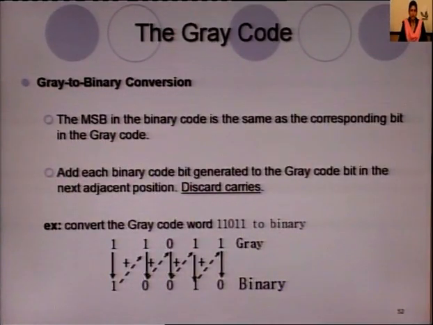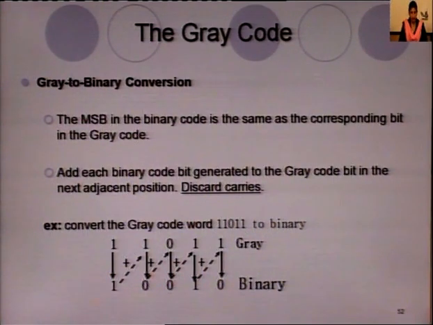Now we will study Gray to binary conversion. The MSB in the binary code is the same as the corresponding bit in the Gray code, as we studied in binary to Gray. Add each binary code bit generated to the Gray code bit in the next adjacent position, discard carries. For example, the most significant bit is 1, and we add the result to the adjacent bit of the Gray code.